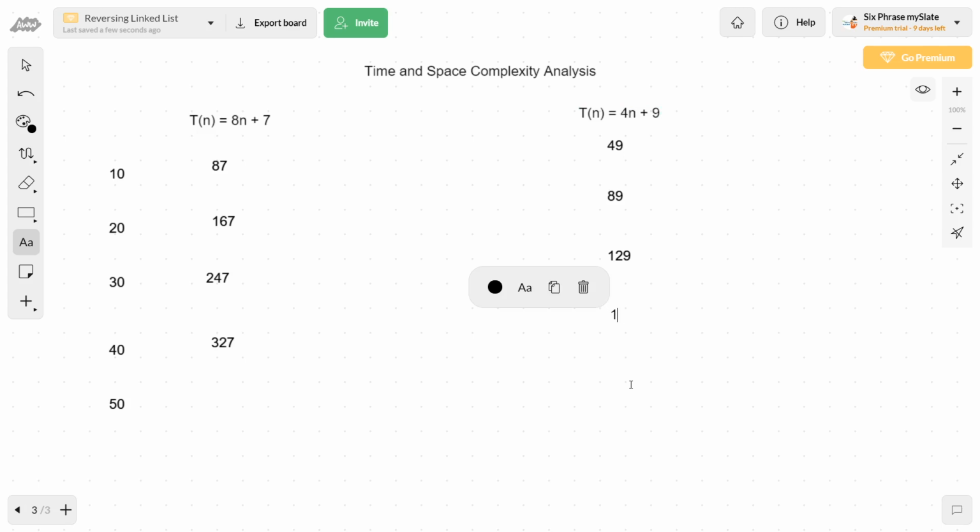Finally, the last one: 8 multiplied by 50 is 400 plus 7, 407. Here, 4 multiplied by 50, 200, 200 plus 9, 209.